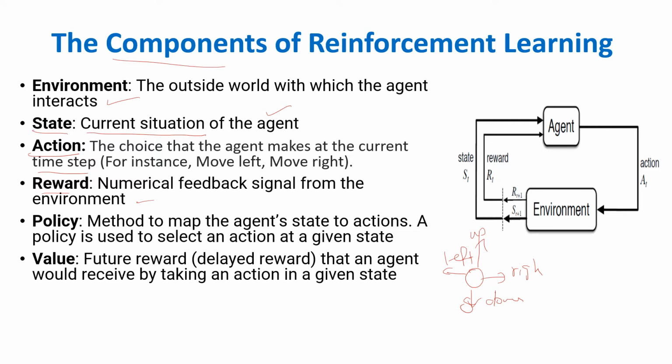Policy. Policy is nothing but a function that is used to map the agent state to action. Though it is in this particular state S, it can move to another state S t plus 1. While moving, it can choose either of these actions. So the policy is what action it takes while making a transition from one state to another.